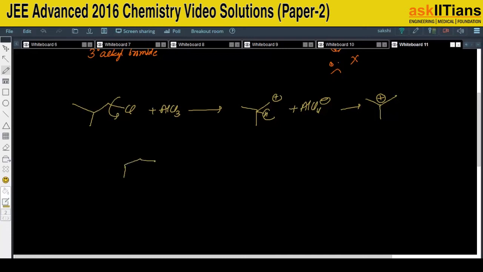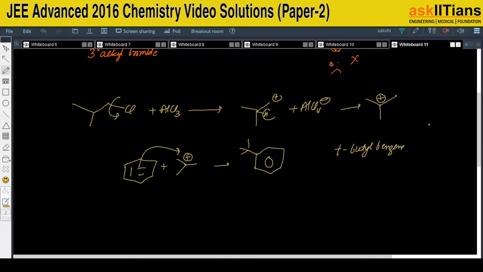Once this tertiary carbocation reacts with the benzene ring, it will form this compound, which is nothing but tertiary butyl benzene. So we have option B as one correct option for this question.